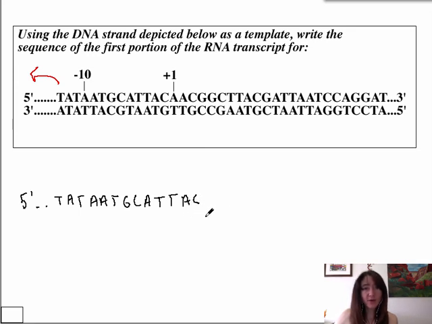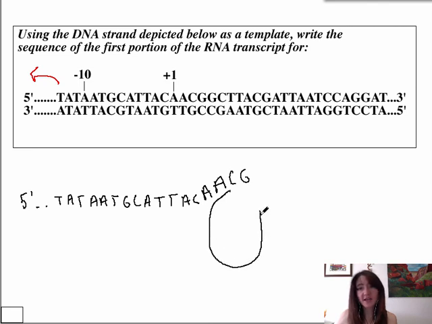So if RNA polymerase is bound right here at the +1 start site, and it's got this bubble going on. Here's the enzyme, and it's opened up this region here. And I'm not showing all of the template strand, just part of it.